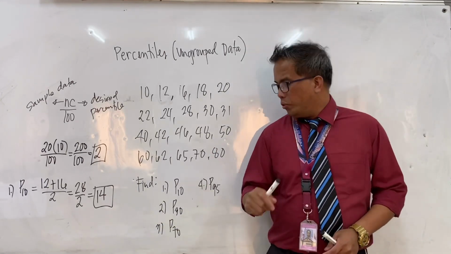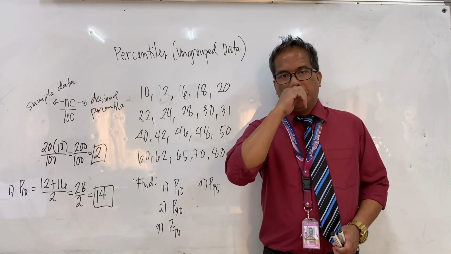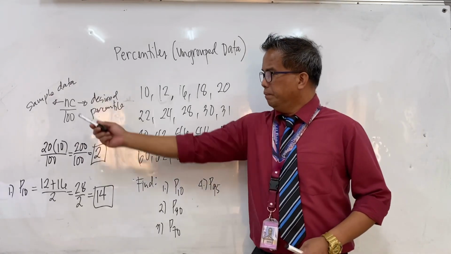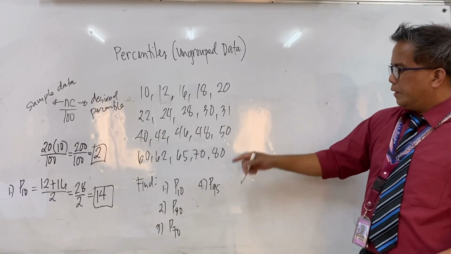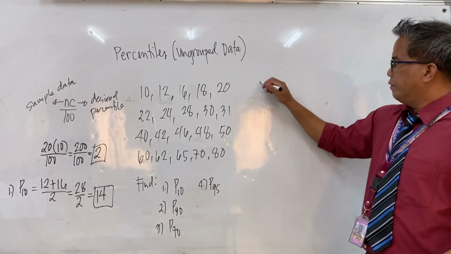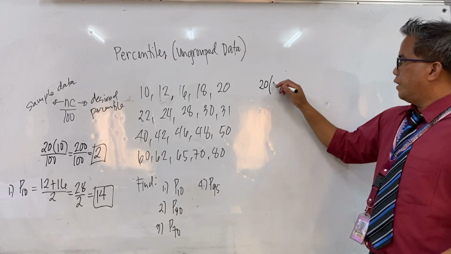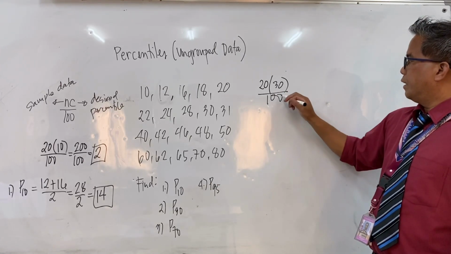How about number 2? P of 30. First, find the location using the formula n times C over 100. Our n is the same, 20, times C is 30, divided by 100.